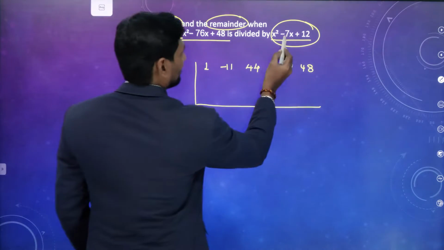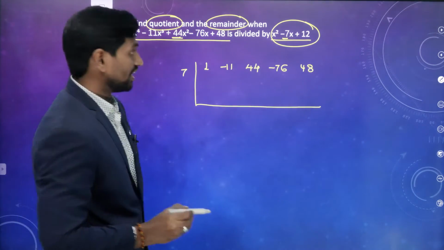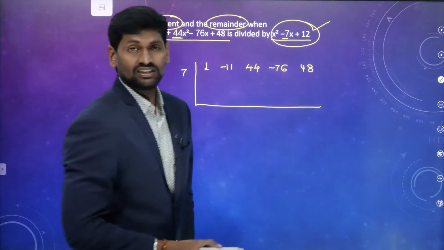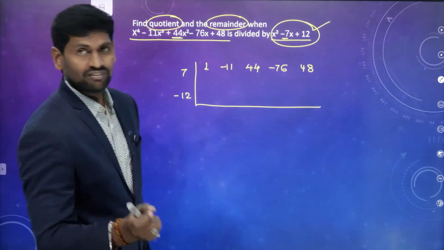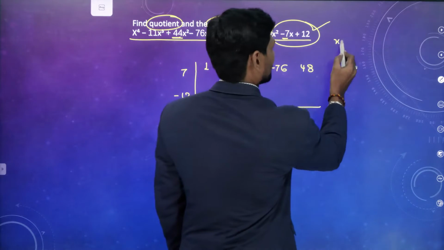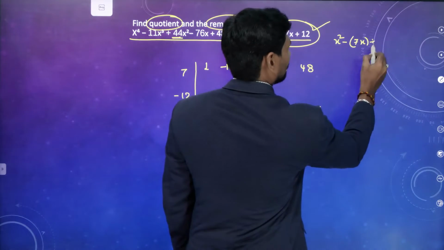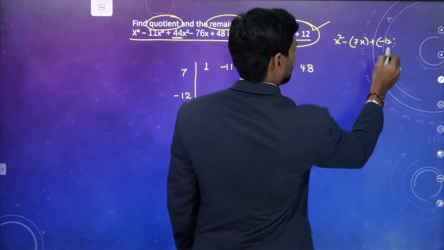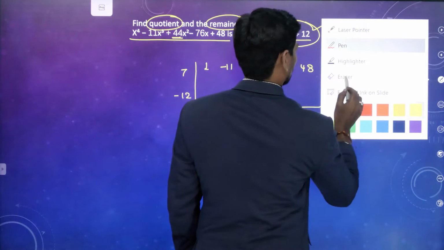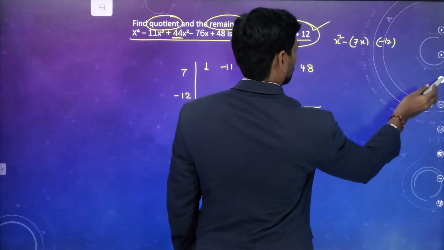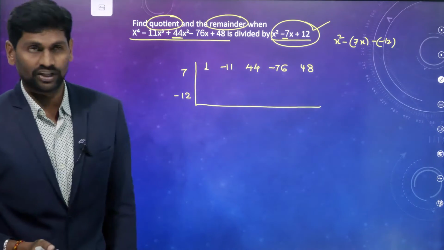That means here minus 7 will be there, so I should take 7, and minus 12, so I have to take 12. Whenever we write this, we write x square minus 7x minus 12, and we write the negative of minus 12. Like this we have to write.